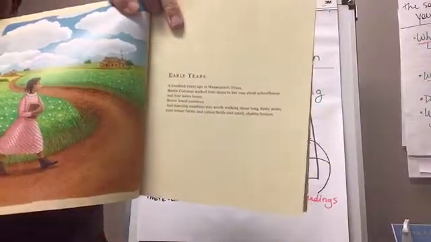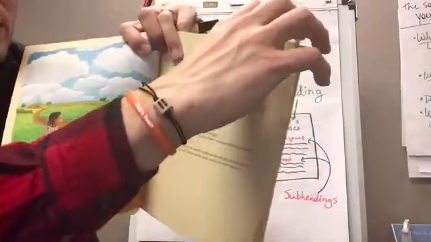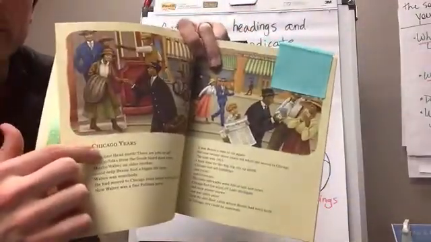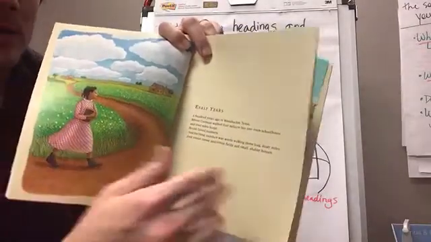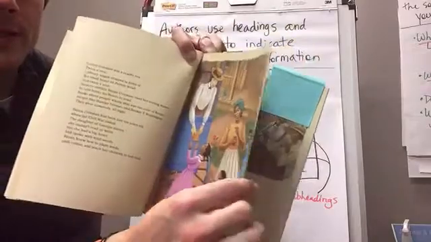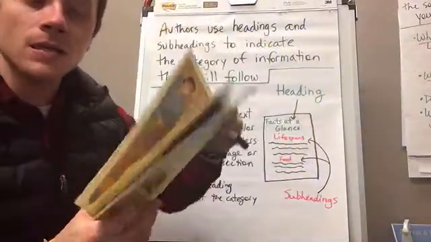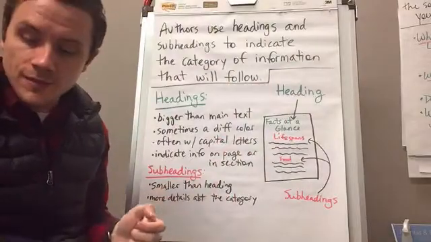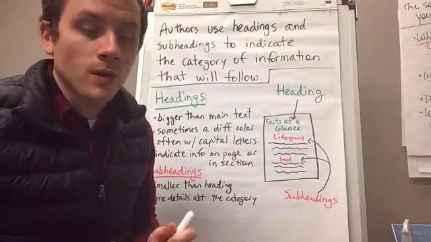Now that could mean a couple different things, but since I've read the book, I know that later on in the book when it talks about Chicago years, early years means the early time of her life. So now I know when I read this section of the book that it is going to be about the early years of her life. And because I read the heading and the subheadings within Face to Face with Whales, I know the categories of information that are going to come.